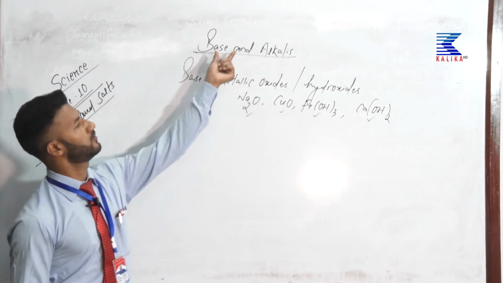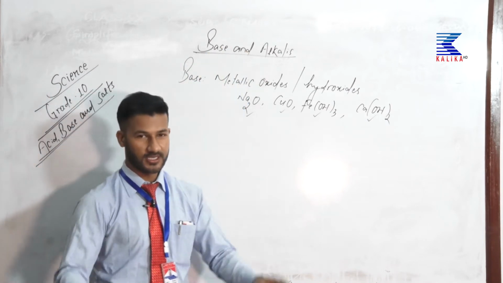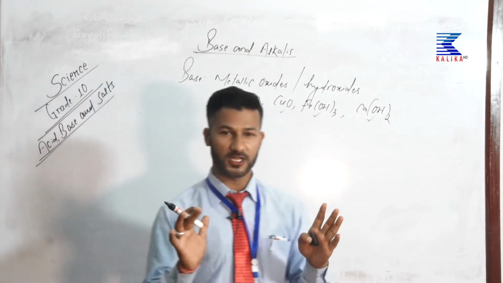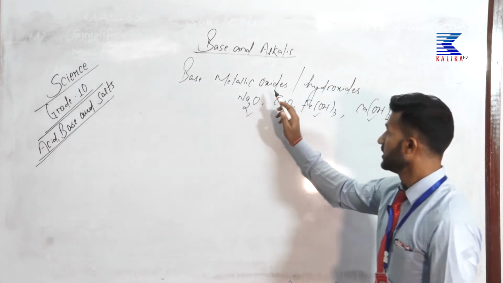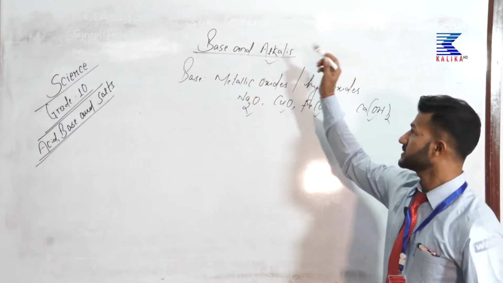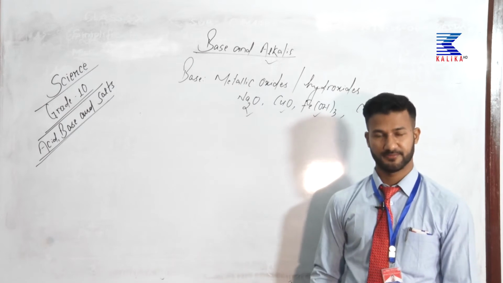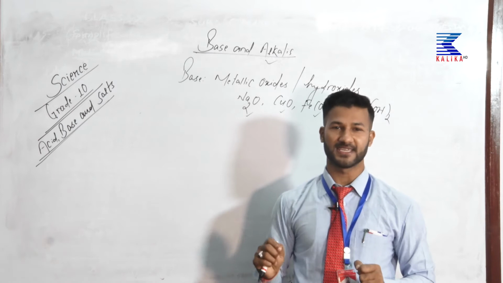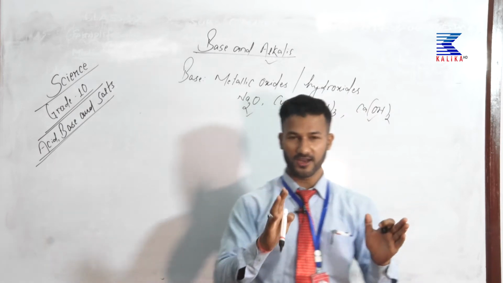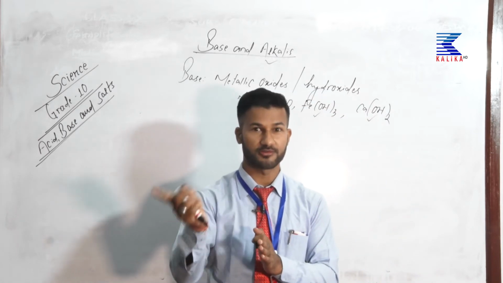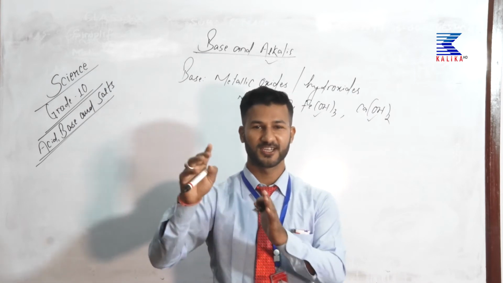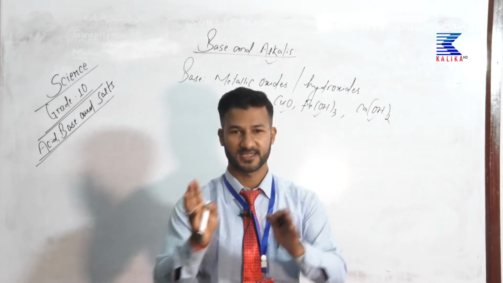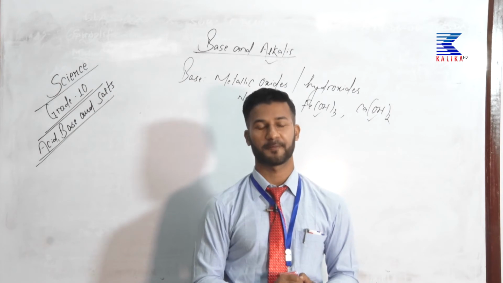Now what is alkali? Look, it's very easy to understand. Alkali means base, but not all bases are alkali. All alkalis are bases, but the reverse is not true, because all bases are not alkali.